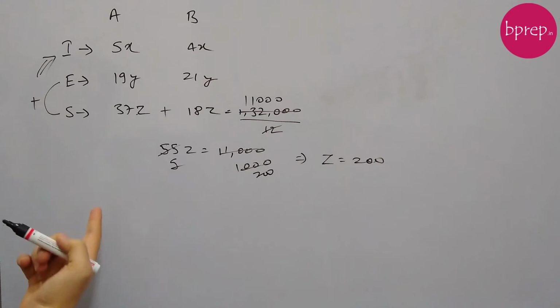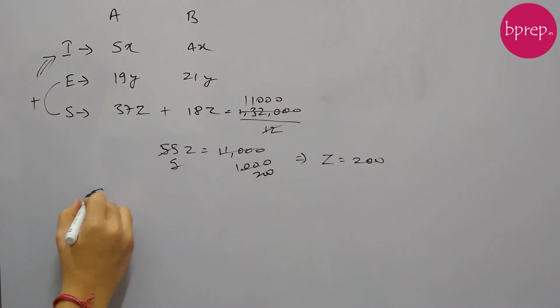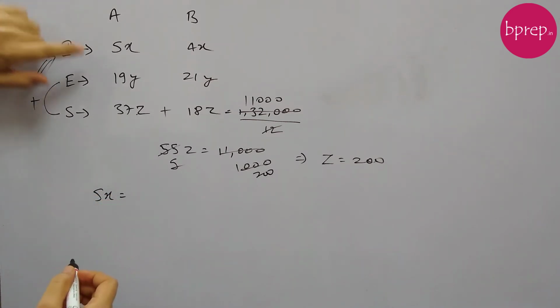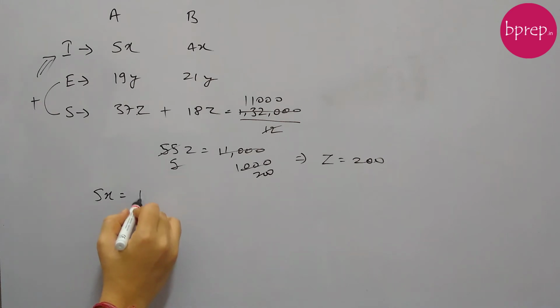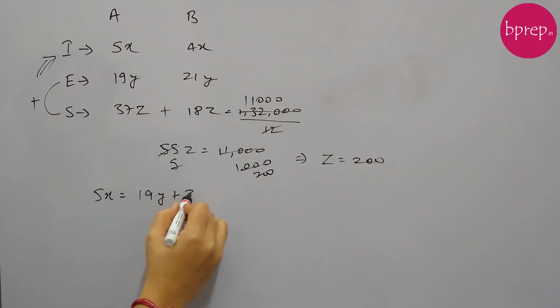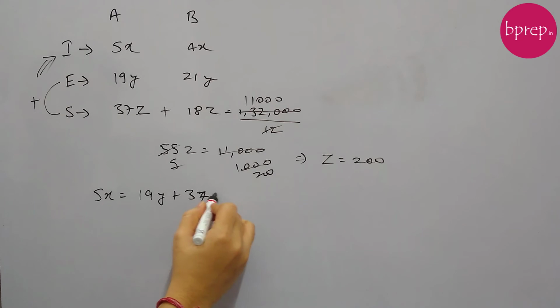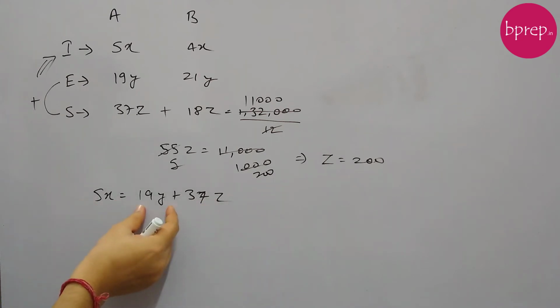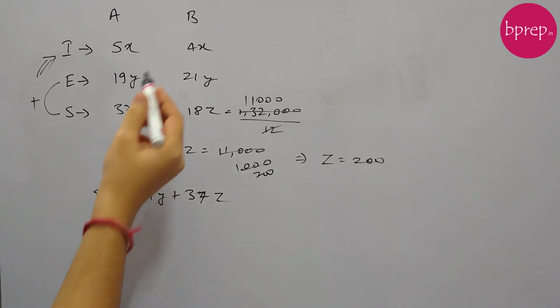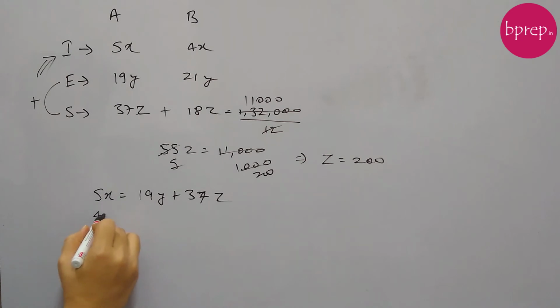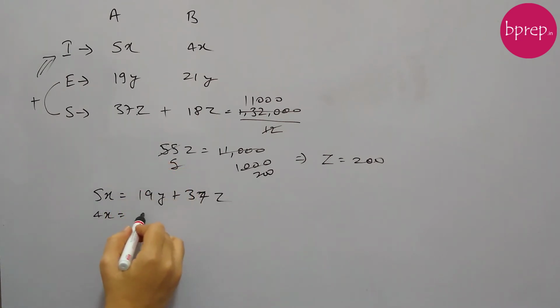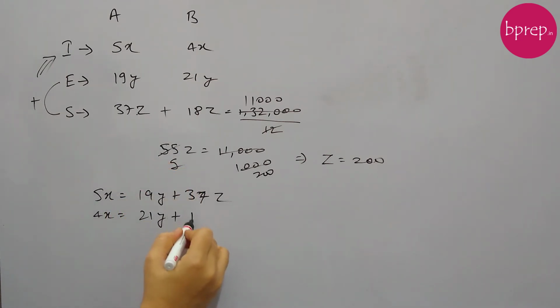So using this we can write, income of Amit 5x equals 19y plus 37z. Total income equals expenses plus savings. Similarly for Bharat we can write 4x equals 21y plus 18z.